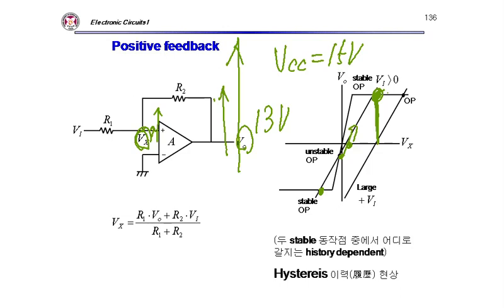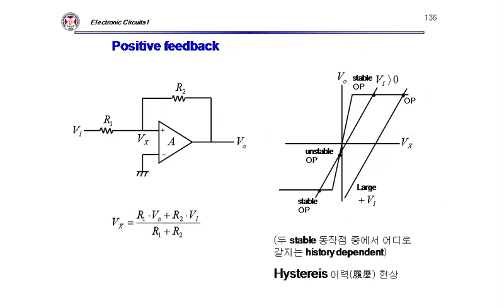If I further increase Vi, then I have a single operating point, right? Then my VO is very large, and it just remains there. Let's say I start from Vi at minus 13 volt. This is my Vi, there is my VO.